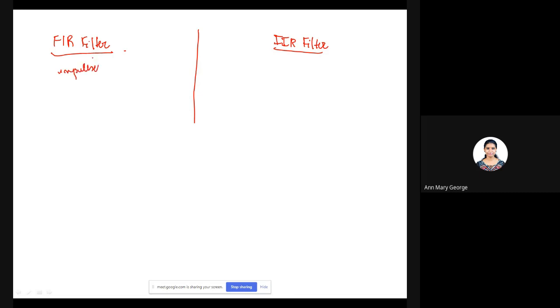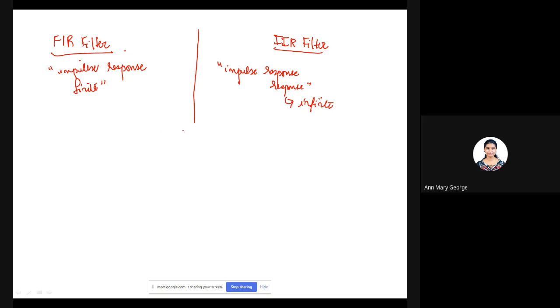For FIR filter the impulse response will be finite, and for IIR filter the impulse response will be infinite.